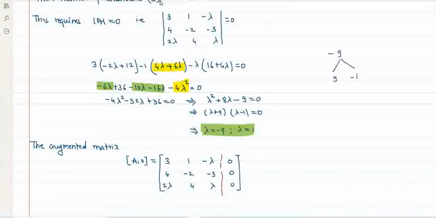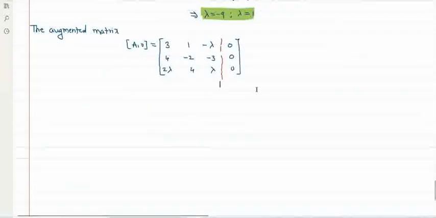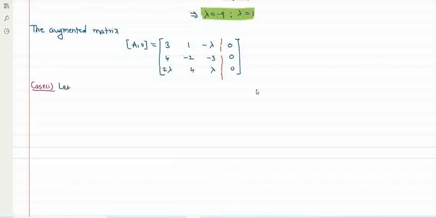Now case number 1, we can discuss case wise. Case 1. So let lambda is equal to minus 9. Then the augmented matrix A0 can be written as, substitute the values, 3, 1, minus 9 and 0, 4, minus 2, minus 3 and 0.